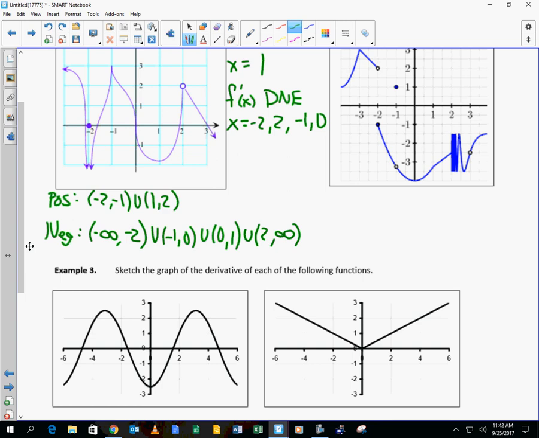Increasing and decreasing is not something that we've technically talked about yet. Negative is going to be where it's on its way down. Just note that I do have to break up the 0, because at 0 the derivative does not exist, so I can't include it in my interval. Question?